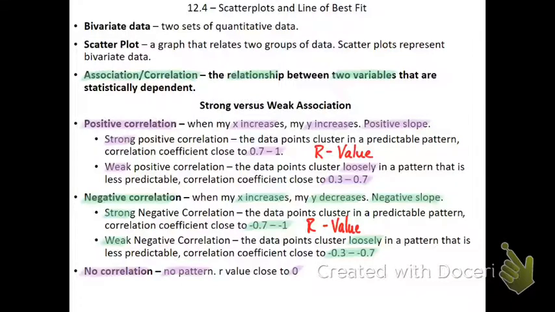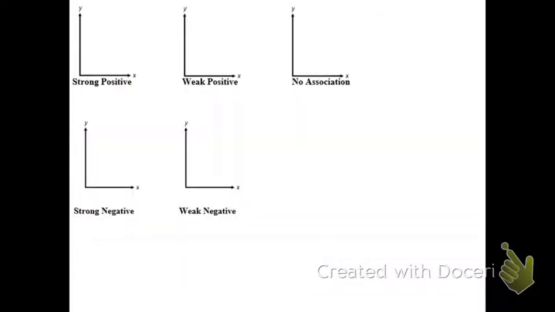That'll just be kind of like random dots, if we think about snow falling down, that's kind of that no association or no correlation. So when we have something like this, if we were to draw points on this, if I have a strong positive correlation, if it's positive, that means that it's going to be going up from left to right, and that the points are going to be tight together. So if I have something like this, and I draw a line of best fit, those are all pretty close to that.